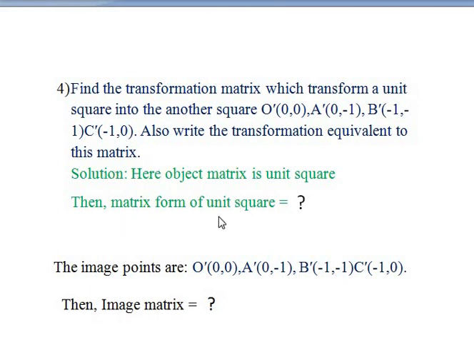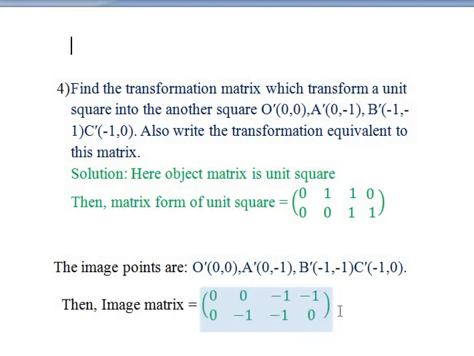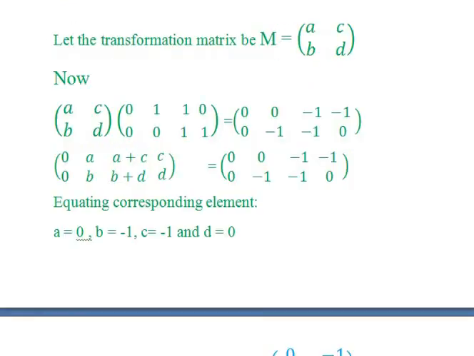Now the unit square becomes 0, 0, 1, 0, 1, 1, 0, 1. Okay, this is the unit square. And the image points are 0, 0, 0, -1, -1, -1, -1, 0. Okay, this is the image matrix given in the question.